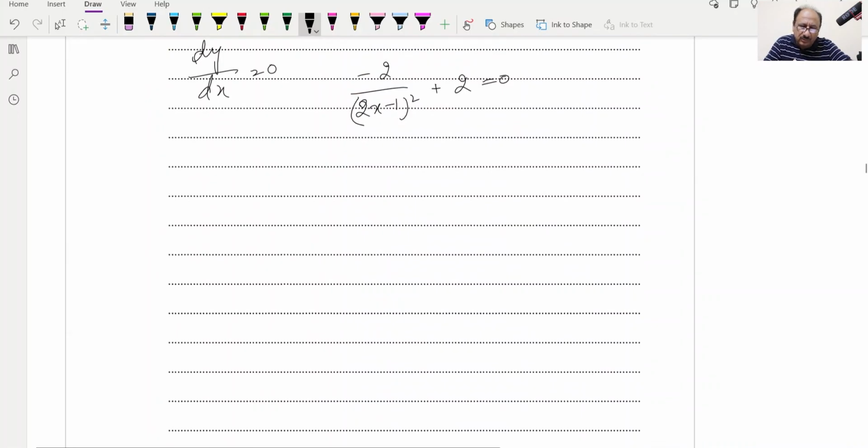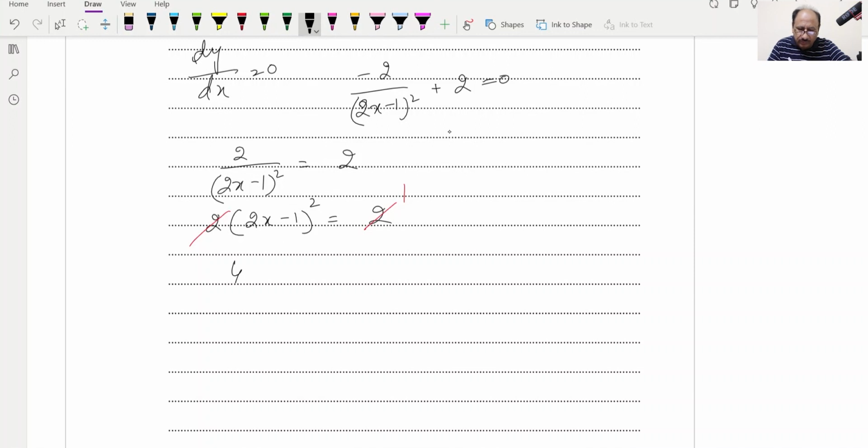Now we can simplify. We can shift this 2 over (2x minus 1) squared to the other side, and this will be equal to 2. Now we can cross multiply, so it will be 2 into (2x minus 1) squared is equal to 2, and we can cancel this 2 with 2, and this side will be 1, so we can open this square.